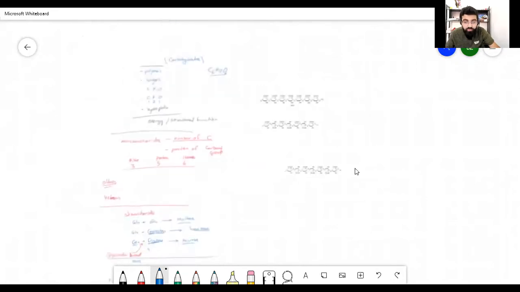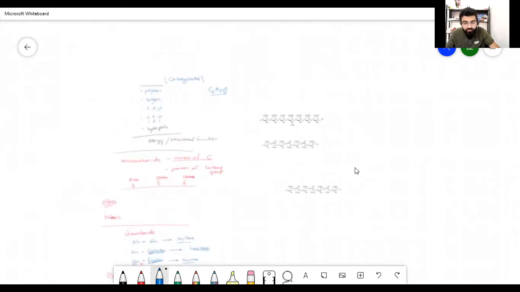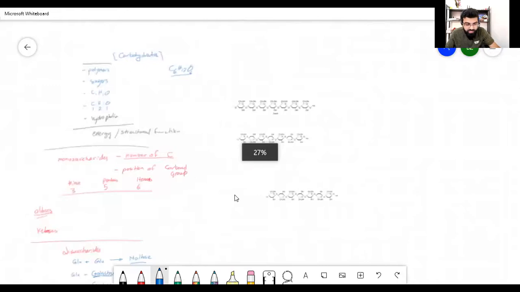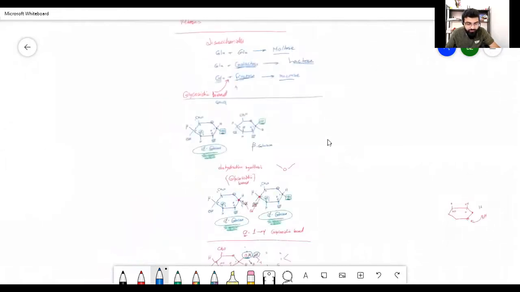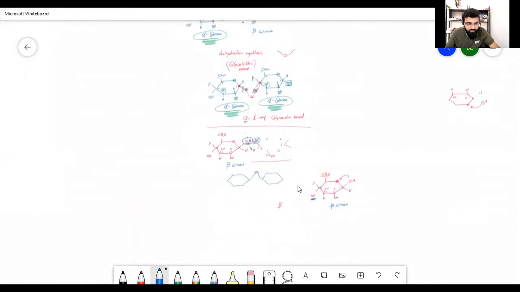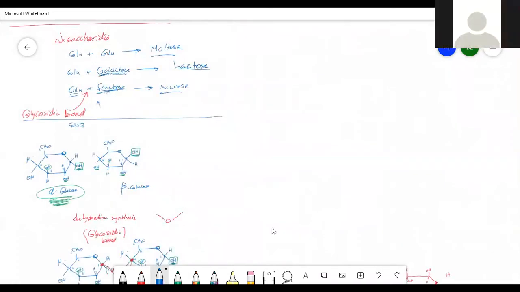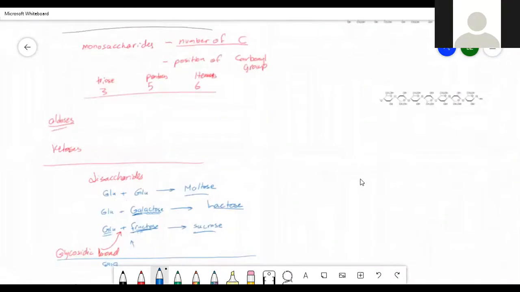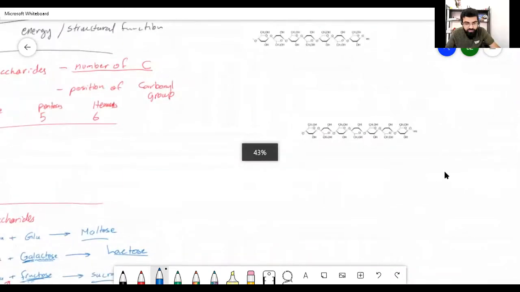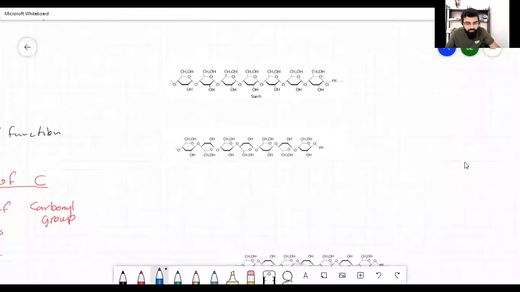Beta 1 to 4 glycosidic bond, because it's the same, I just flipped it upside down. It's 1 to 4, but beta, we say. So these are the 2 ways glucose is linked together based on its type, alpha or beta. We can see these chains.